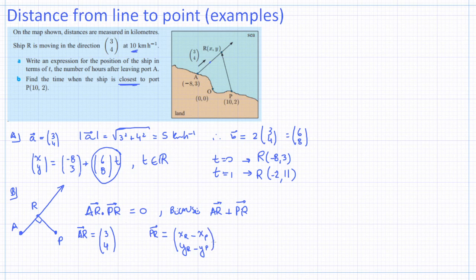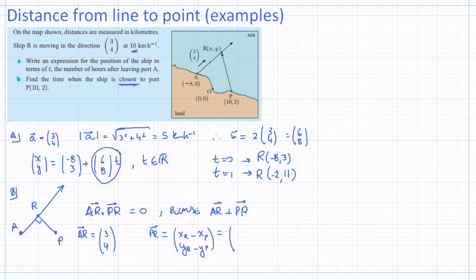That's how we find a vector when we have 2 points, because this equation is going to give us the coordinates of point R, and we know the coordinates of point P.